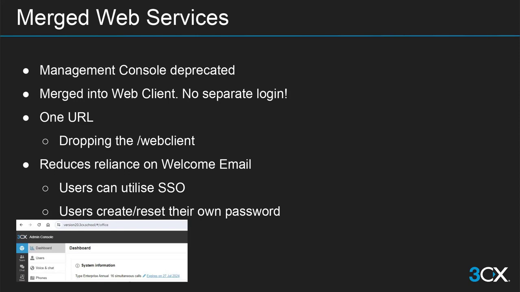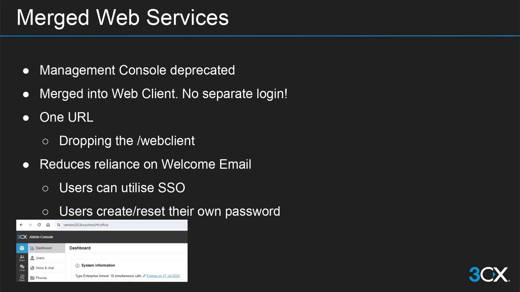In version 20, we have reduced the reliance on the welcome email as well. When a user is created, they will receive the welcome email, but it doesn't contain static information. You will not see a username and password for the web client. You will not see the QR code. You will not see a configuration file for older apps.